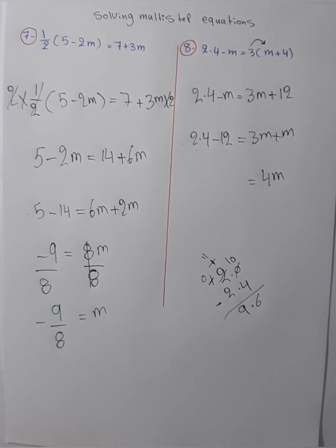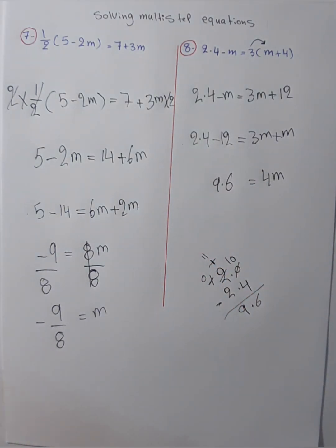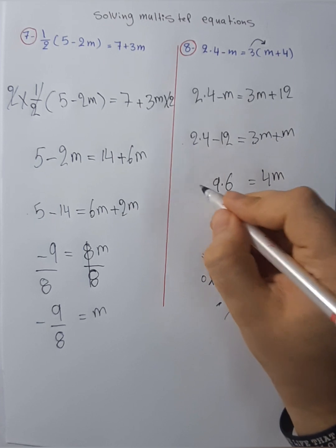So 2.4 minus 12 equals 9.6, and then the value of the greater number is negative.